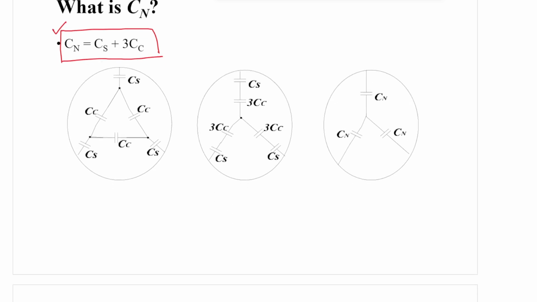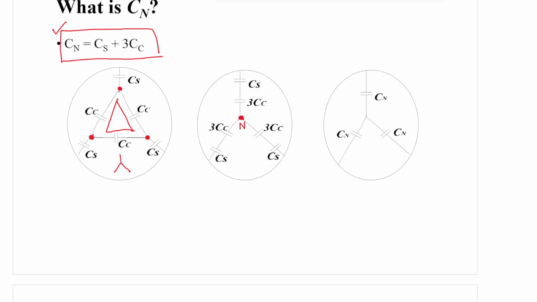Now you see, this is the original diagram shown in the previous slide. These three capacitances form a delta. If you convert this delta into a star, this formation will be formed.